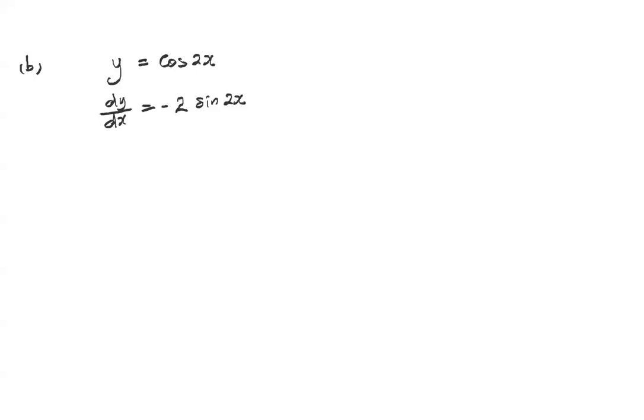Now when x equals pi by 12, my y is equal to cos 2 times pi by 12, which is cos pi by 6. And you know the exact value of cos pi by 6 is √3/2.